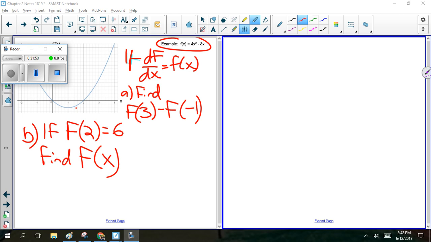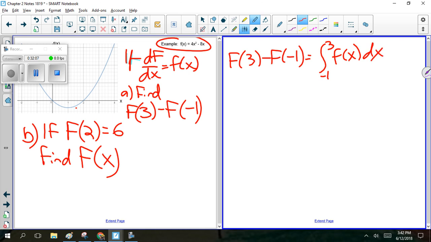All right, so here we go. For A, we're trying to find capital F of 3 minus capital F of -1, right? So that's the same as the integral between -1 and 3 of little f of x with respect to x. So that's the integral between -1 and 3 of our original f of x, which is 4x squared minus 8x with respect to x. So now I just ask myself, what do I take the derivative of to get this thing?